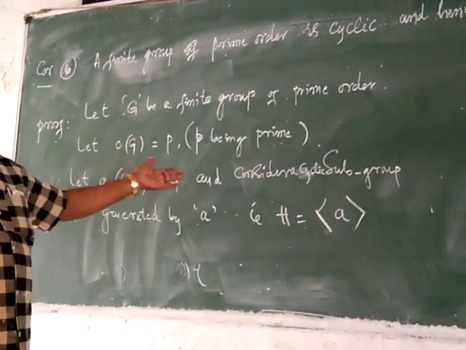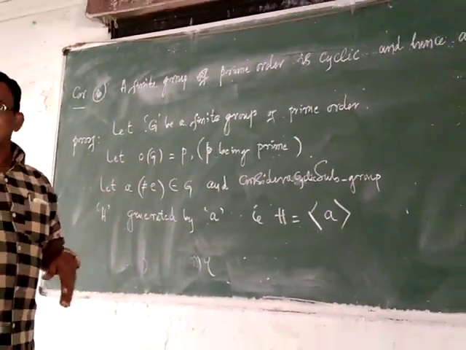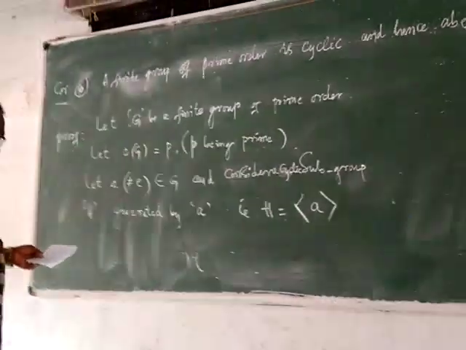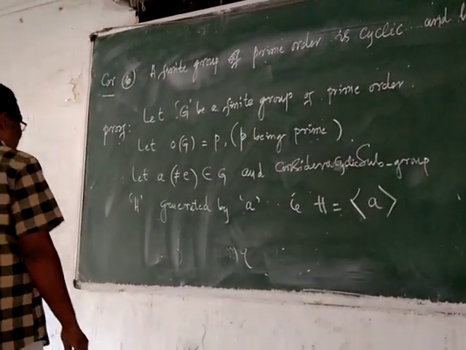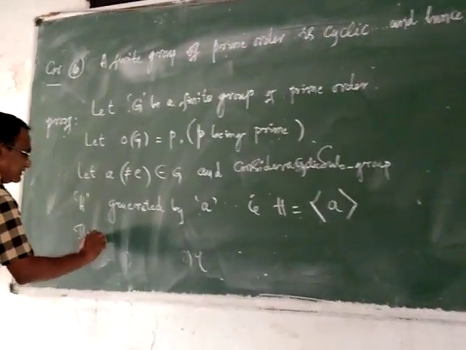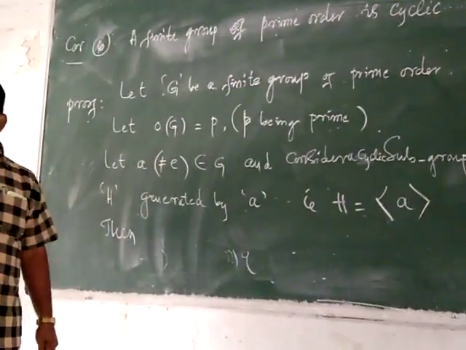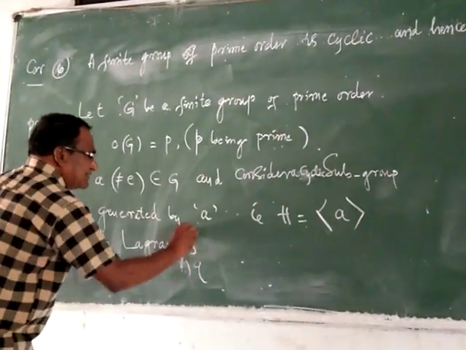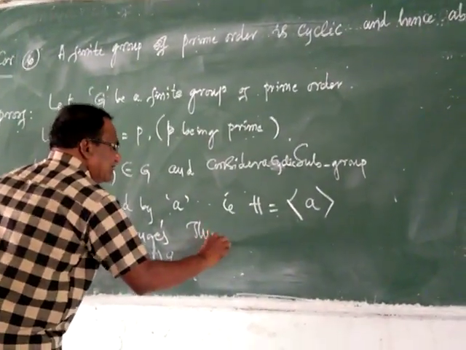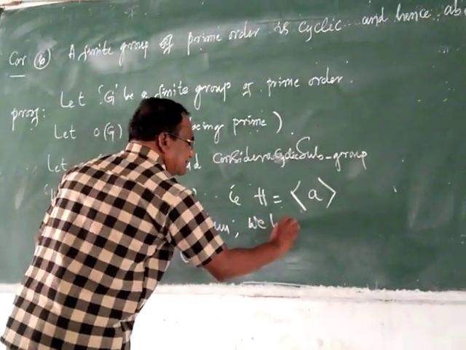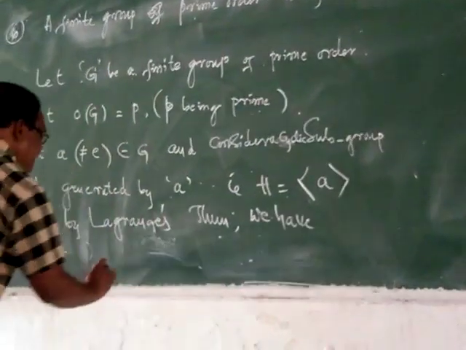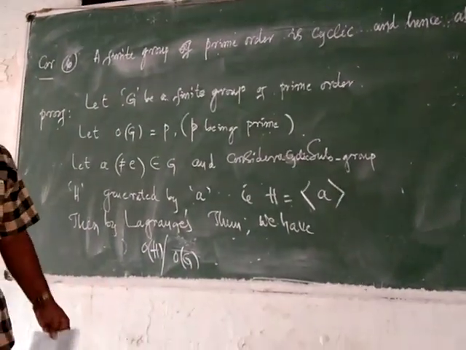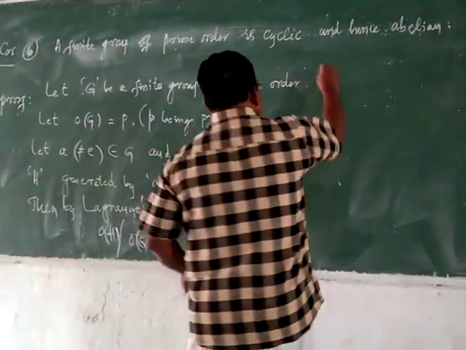And one element a belonging to G I have taken, and considered a cyclic group H generated by a. Now, by Lagrange's theorem, G is a finite group, we have order of H divides order of G. What is the order of H here?